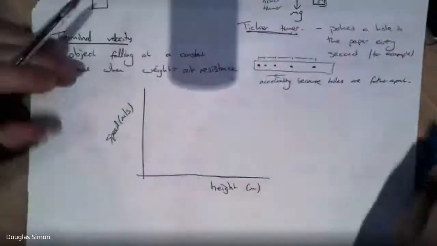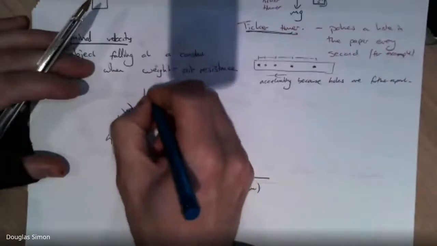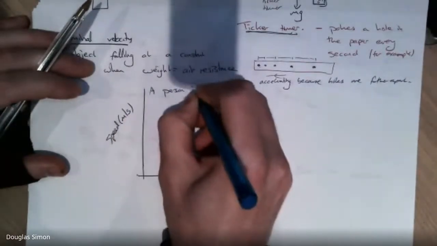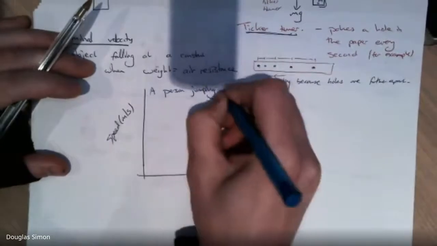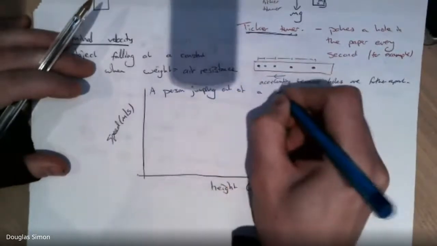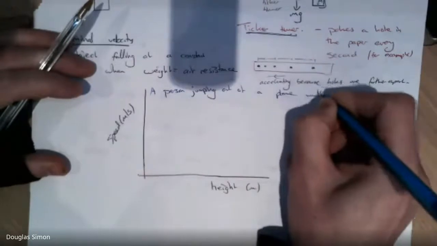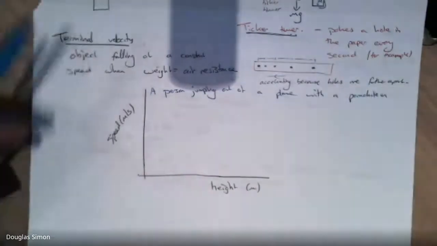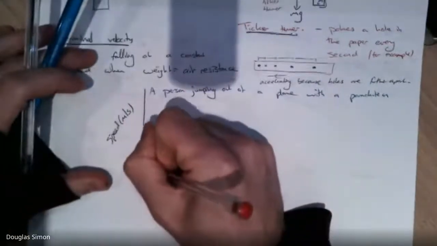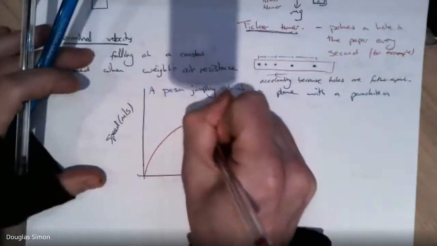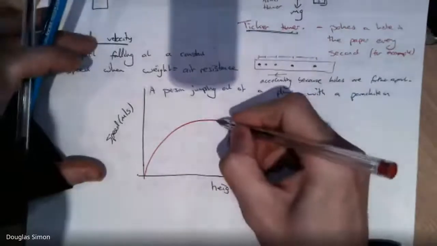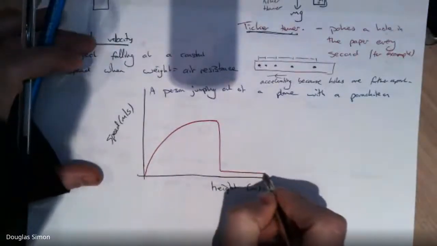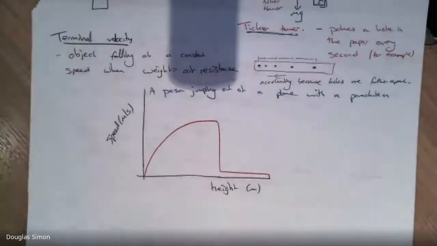This graph is for a person jumping out of a plane with a parachute on. So their speed is increasing, then it reaches its terminal velocity, then it decreases very rapidly. We reach a new terminal velocity and go back to 0.